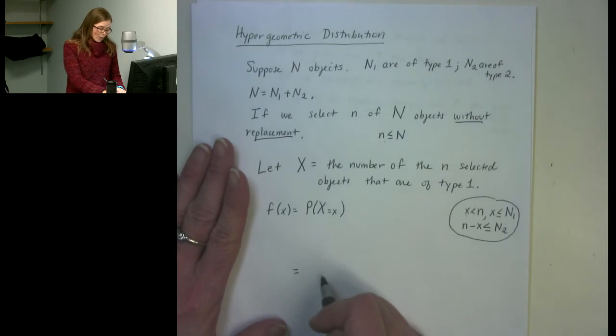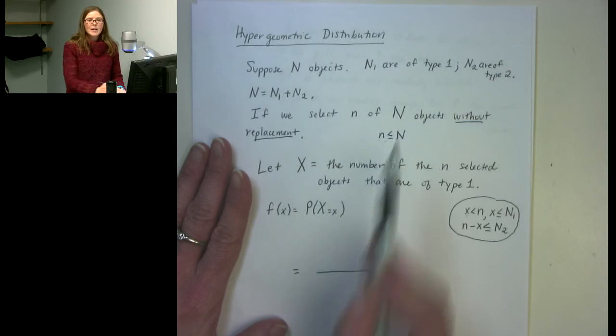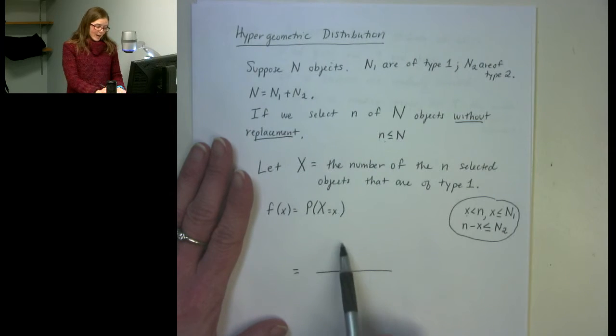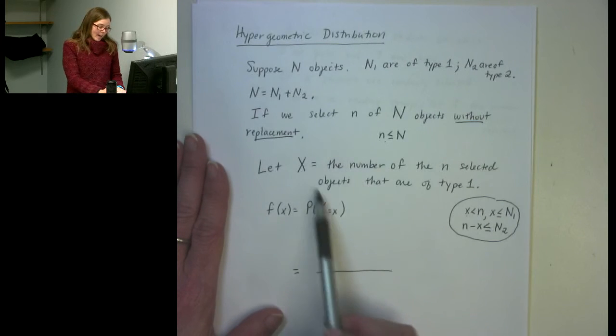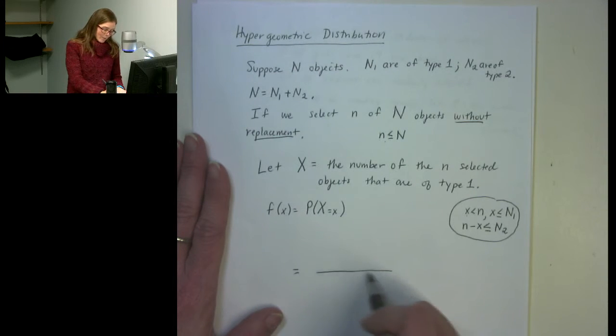I'm going to count the total number of ways that I could choose little n out of the N objects, and then figure out what proportion of those ways would involve having little x of them be type 1 and n minus little x of them be type 2. So the number of ways that I could choose little n out of the N objects is N choose little n.